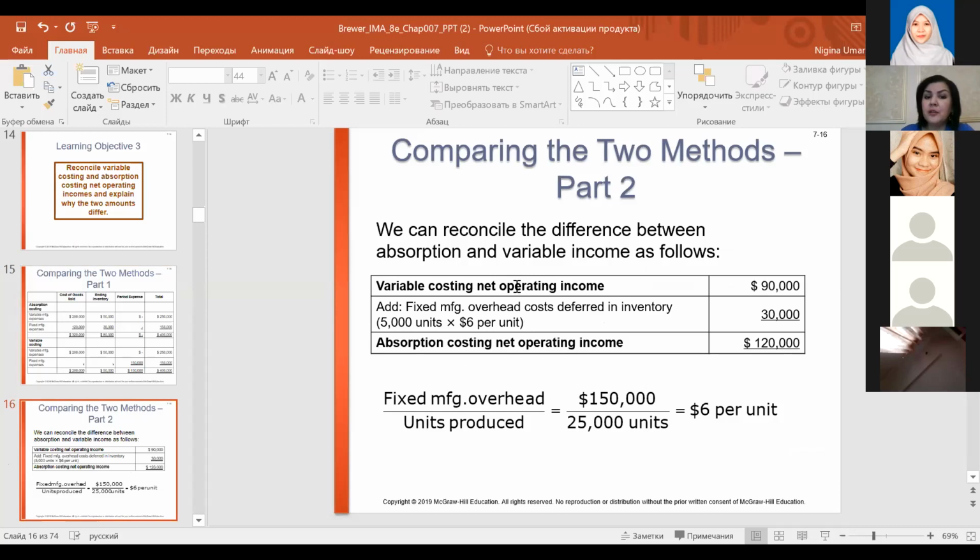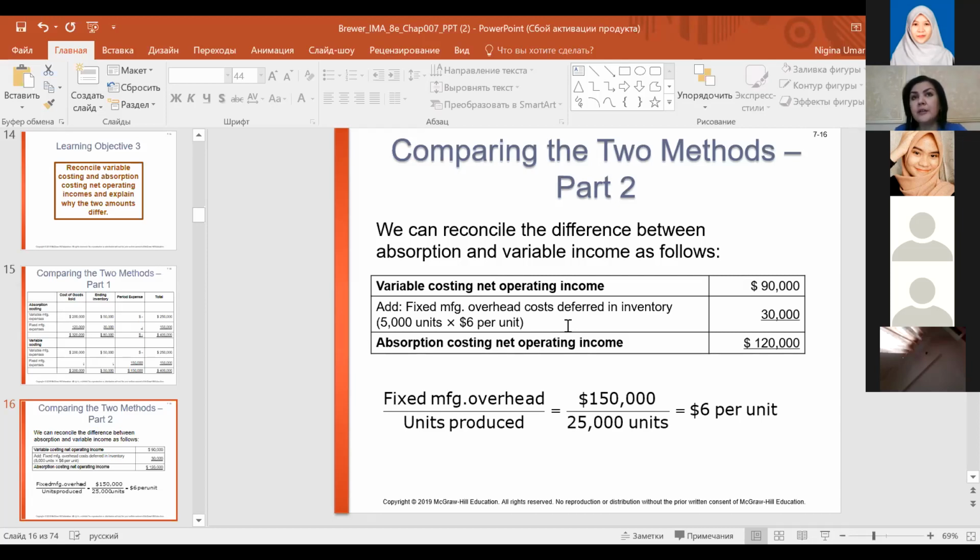Okay, for example, you are given a question where the net operating income under variable costing method is 90,000, and the beginning inventory is 0 and the closing inventory is 5,000. Okay, and fixed manufacturing overhead per unit is $6.